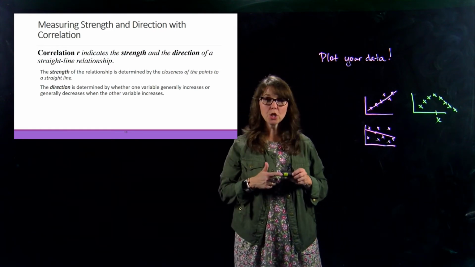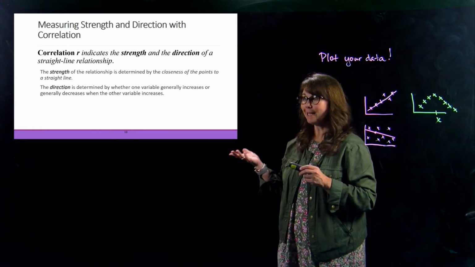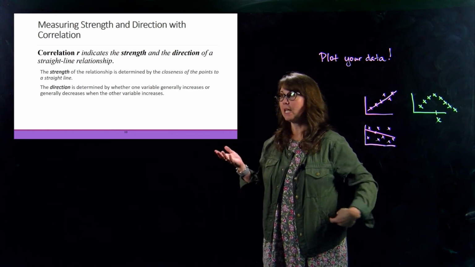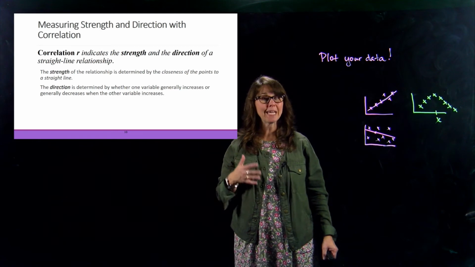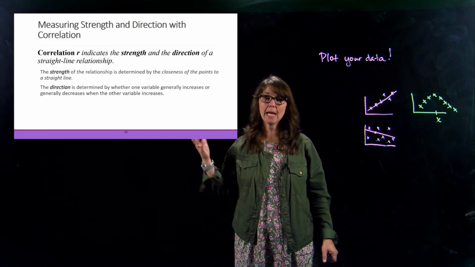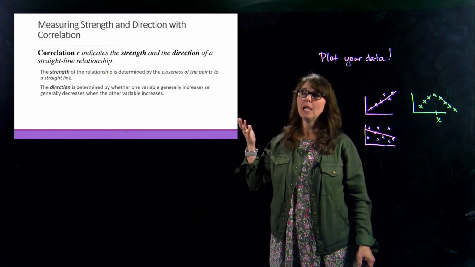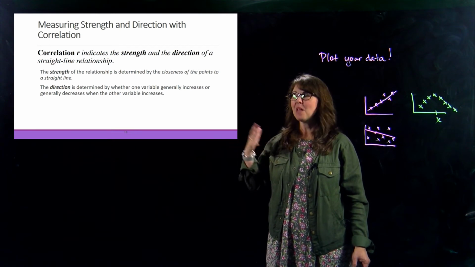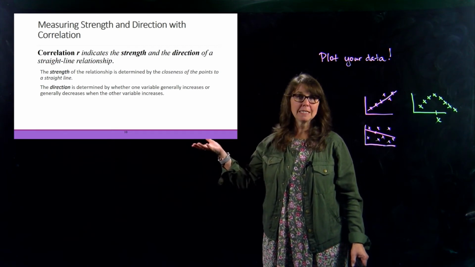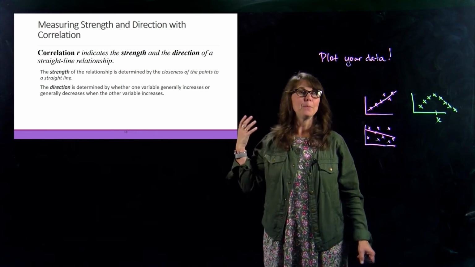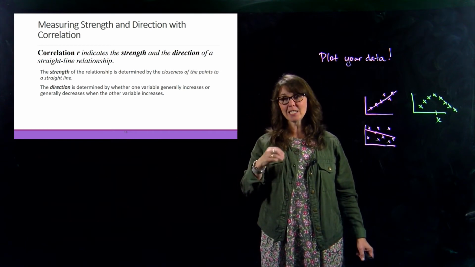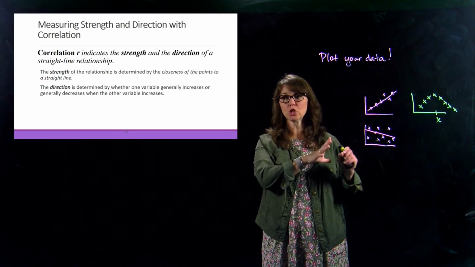The correlation coefficient is designated by little r, and it indicates the strength and the direction of a straight line relationship. And if you're writing this down in your notes, and I highly recommend that, you should definitely underline straight line relationship. And why is that? Because correlation is tied to the fact that the relationship is straight.